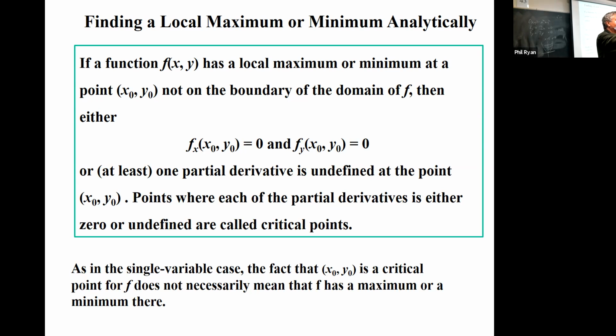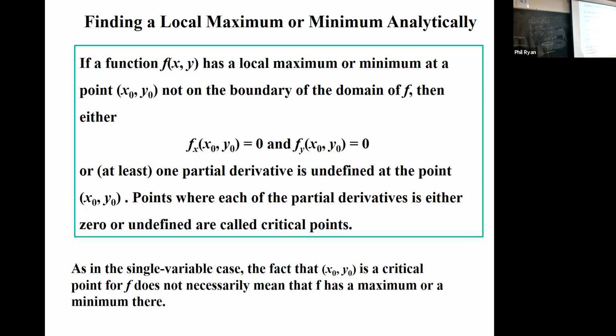Now, the problem when you're doing multivariable is that endpoints become a lot bigger, right? Before, there were just 2 points at the endpoint. Here, a boundary can be an entire curve.